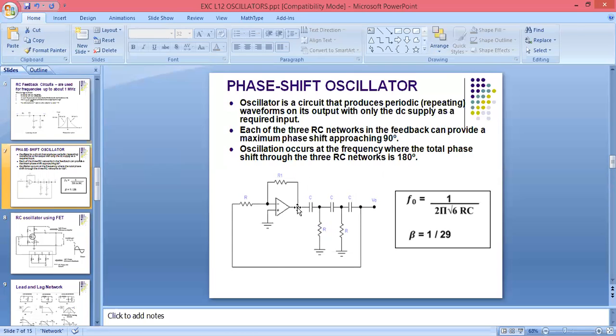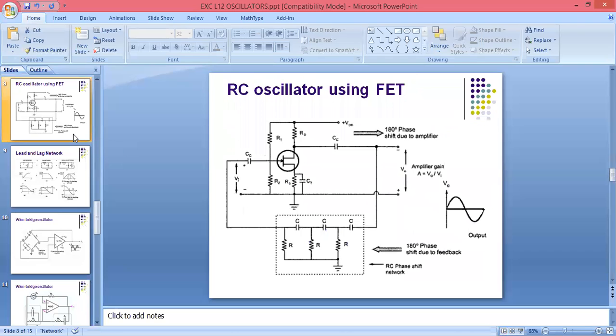At the output, because we are taking the feedback response from the output. तो हम ये साइड से नहीं देखेंगे, we will see from the output side. आउटपुट में हम पहले कैपेसिटर लेंगे फिर रेजिस्टर, so that will be the lead network. तो मैंने क्या किया है, same किया है, you can see here I have used first capacitor then resistor. So we are using here 3 RC lead network.